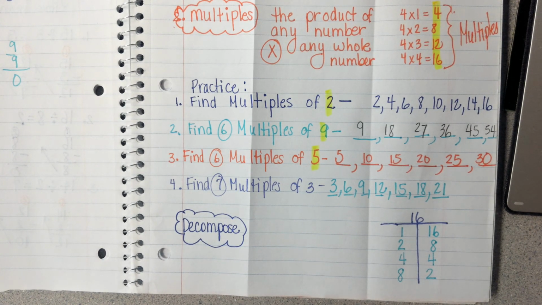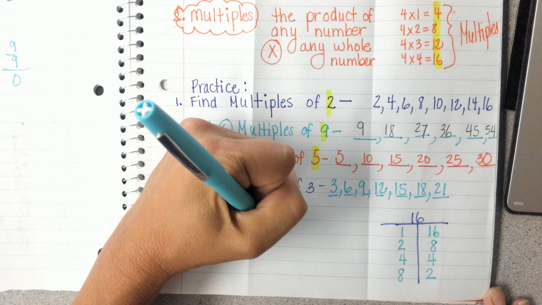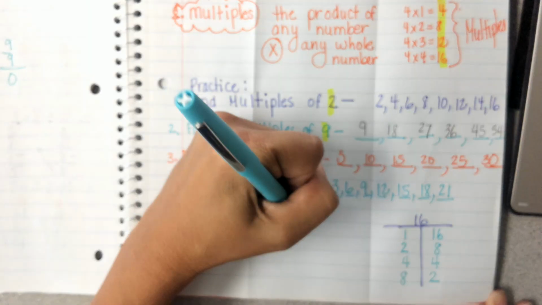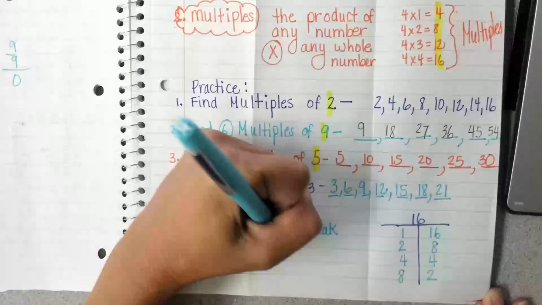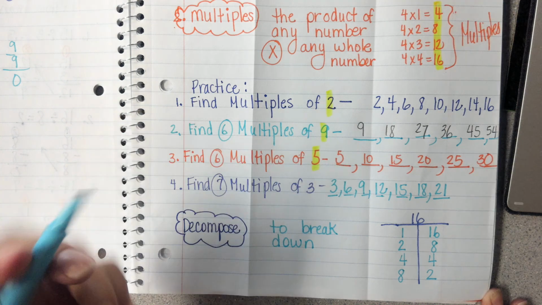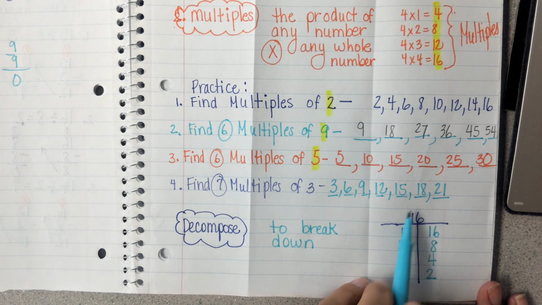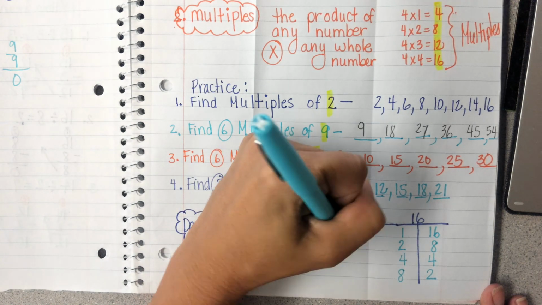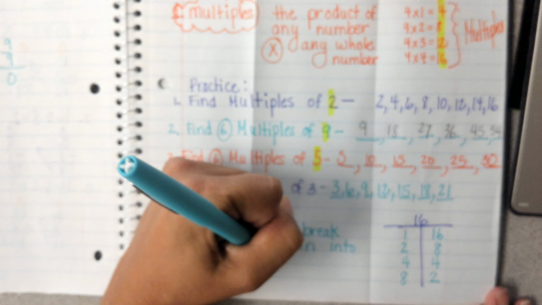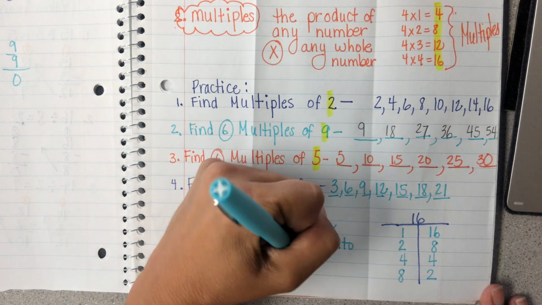I've decomposed the number 16, and the definition is quite simply to break down. You take a multiple or a number and you break it down into its factors. And I'm going to make it even longer, to break down into factors.